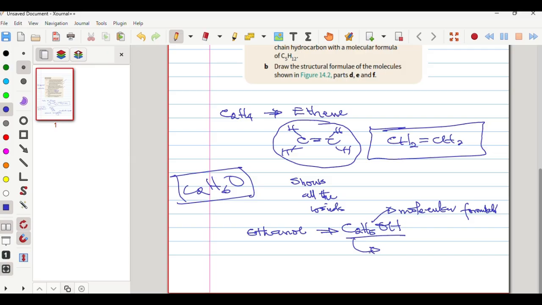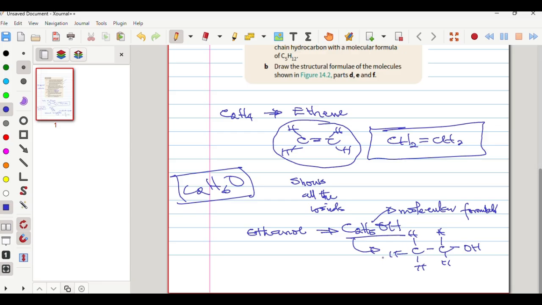So now, if we want to talk about the structural formula, it means we look at how they bond together, as in we show how the bonds are. So we have two carbon atoms, carbon bonds to carbon, the second carbon bonds to OH, and then we have the three hydrogen atoms here.